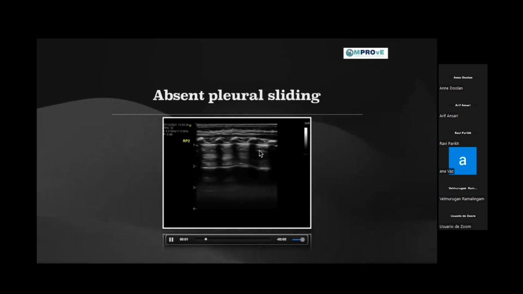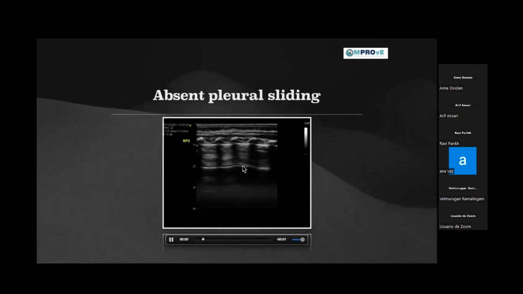You cannot see any of the comet-tail artifacts or B lines. Neither do you see any pleural sliding here. So it's definitely a pneumothorax area, but right adjacent to it, somewhere there will be a normal aerated lung, which gives you this kind of movement of the lung area here. So no pleural sliding, but it looks like the baby's moving, the baby's breathing. Yes, of course, the baby is breathing. The normal lung is giving you this kind of false image here.